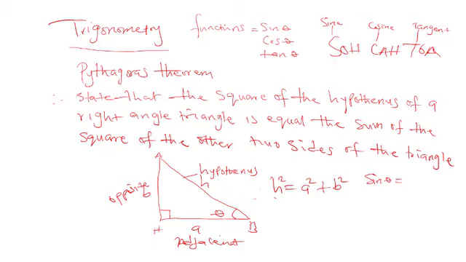Sine theta is equal to opposite, which is B, over hypotenuse, which is H. The value of cos theta is adjacent, which is A, all over hypotenuse, H, and tan theta is opposite, which is B, over adjacent, which is A.